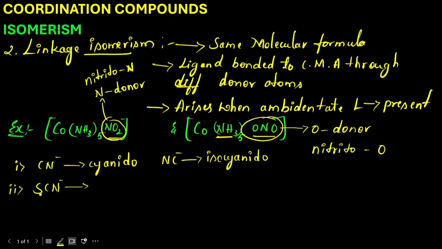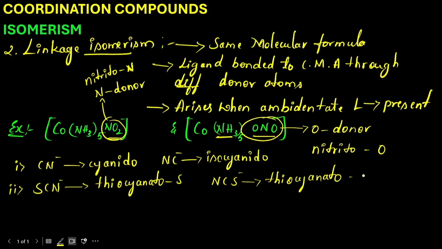This ligand is named as thiocyanito-S. If you write NCS minus, this is named as thiocyanito-N. Here sulfur is the donor atom and here nitrogen is the donor atom. These ligands give rise to linkage isomerism.